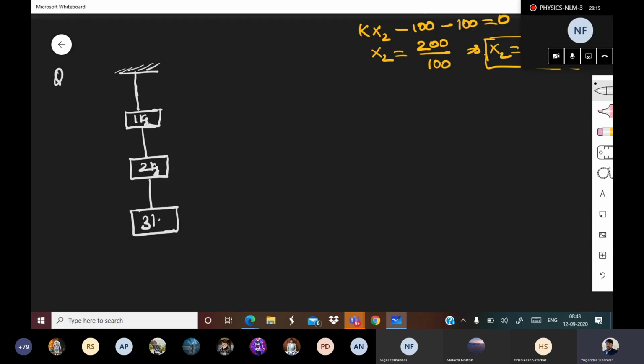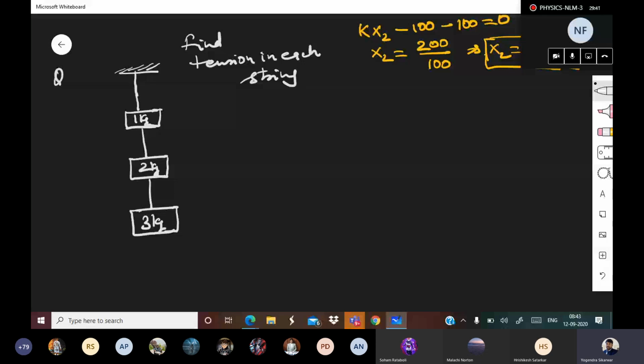And the question was: find the tension in each string. Why am I giving it once again? Because there is a reason. Everyone, please pay attention.